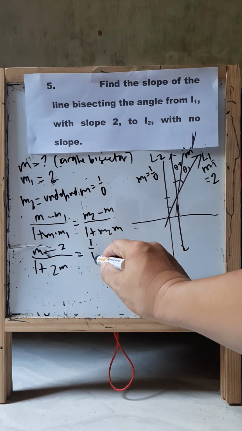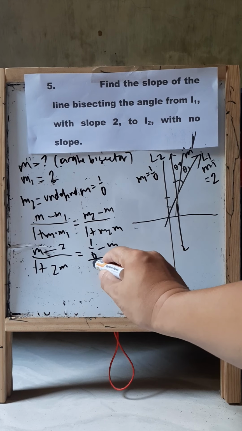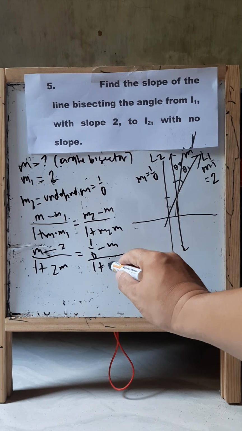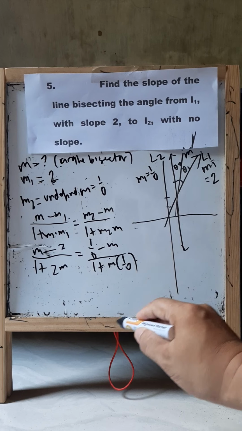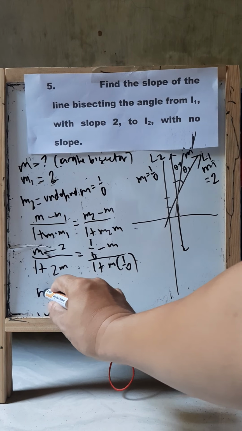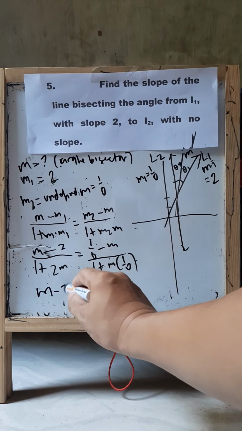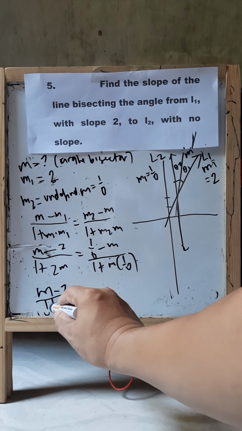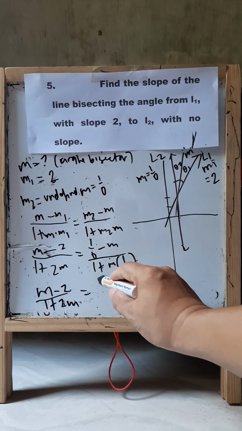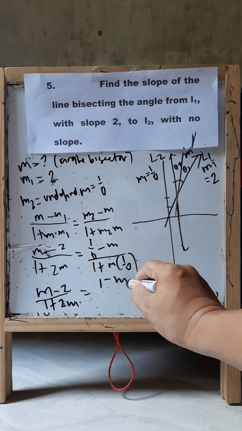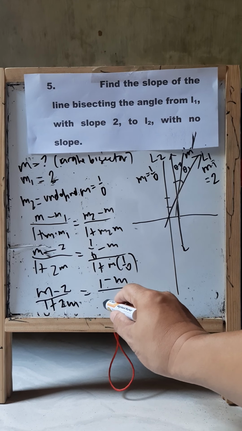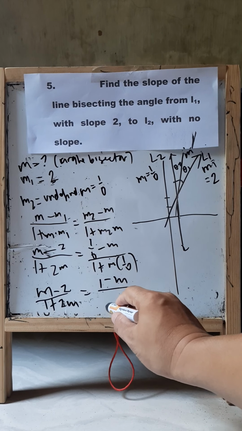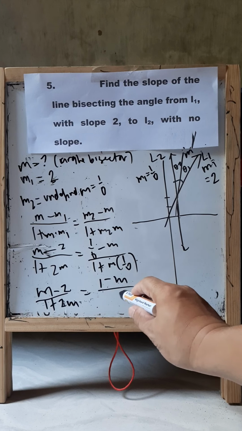So, we have 1 over 0 minus m over 1 plus m times 1 over 0. So, let's simplify the right part. m minus 2 over 1 plus 2m is equal to 1 minus m over 0 over 0 plus m. Okay.